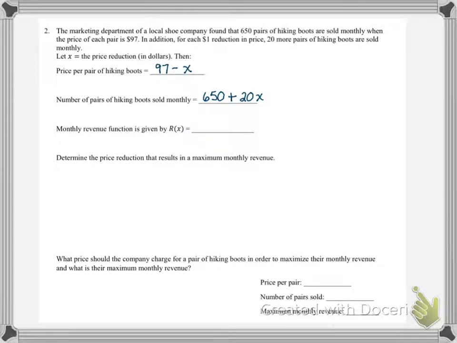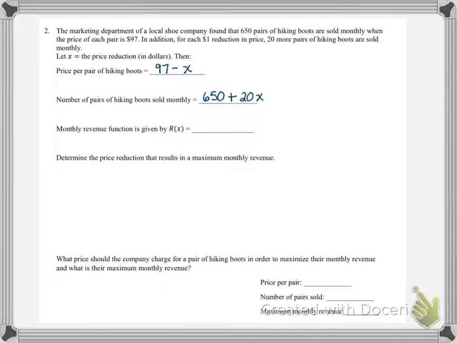If I lowered the price by $5, it would go up by 100 pairs. So now I have an expression for my price and for my quantity. When you're doing this without the setup given to you, make sure you clearly label those. So just like we did here, price equals, quantity equals. If you don't want to use as many words as I use, that's cool, but make sure they're clearly labeled so you can come back to them later on.